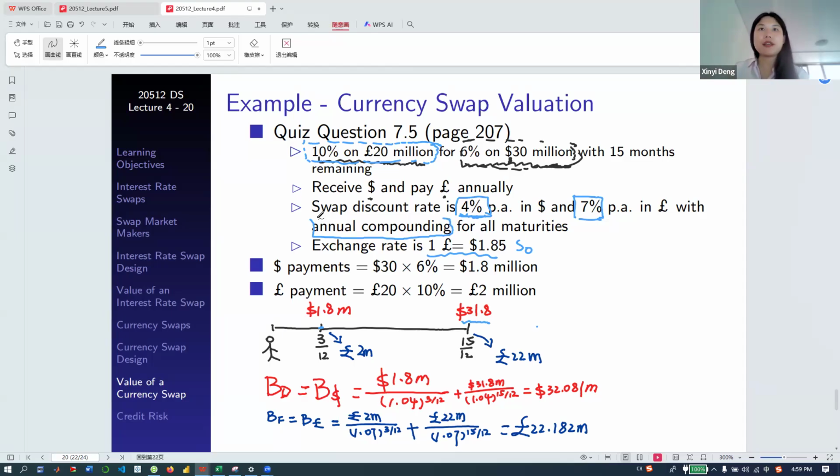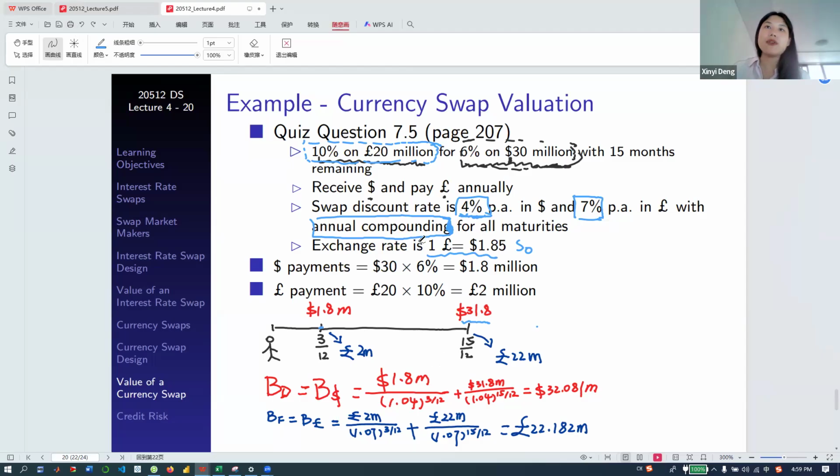For this specific example, we are having annual compounding. So be careful when you are doing the calculation questions, be careful what compounding practice you are using, because that's going to influence your discount factor. Now with these two cash flow projections, 1.8 and 31.8, we are ready to discount.